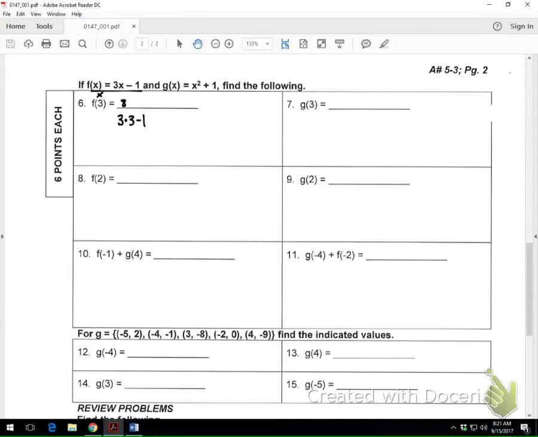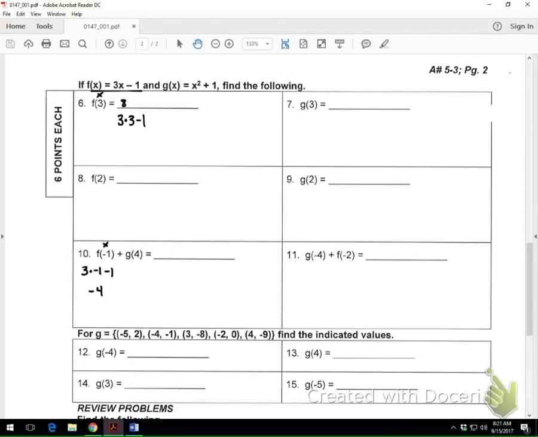Now, look at 10 and 11. Break it up just like you would right here at f of 3. Okay, f of negative 1. I would work out the f of negative 1 first. So that means 3 times negative 1 minus 1. What would that give me? Negative 4. And then I would do g of 4.